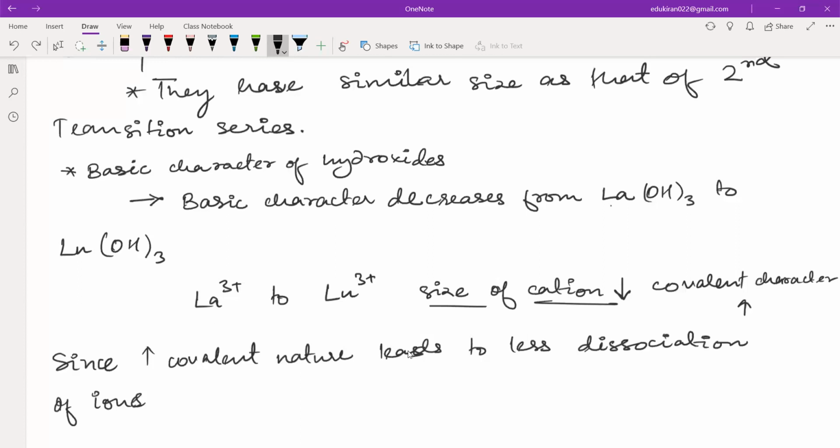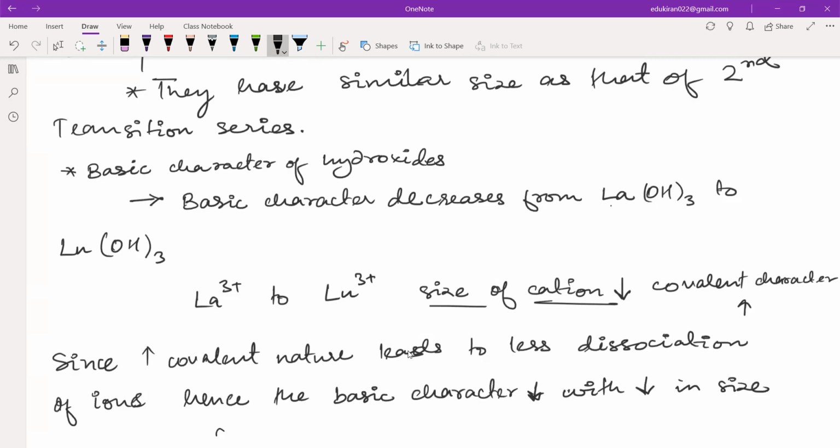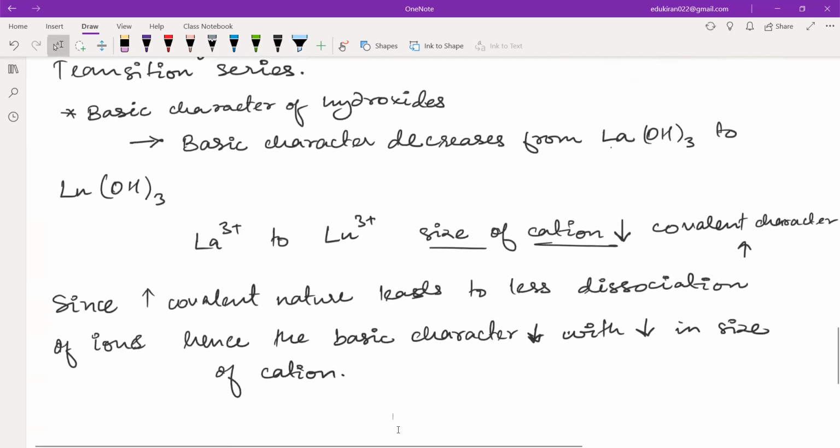Hence, the basic character decreases with decrease in size of the cation. Okay, so please write this down. When the cation size decreases, covalent character increases, ionic character decreases, and the rate of dissociation will also decrease, and that's why the basic character will decrease. Okay, write this down.